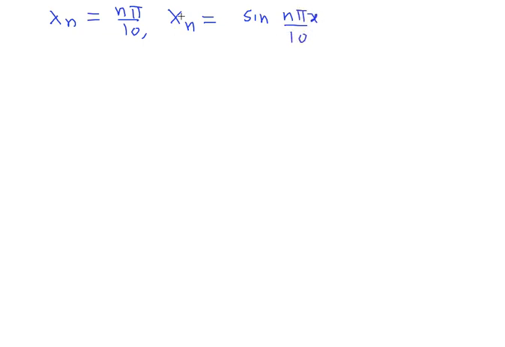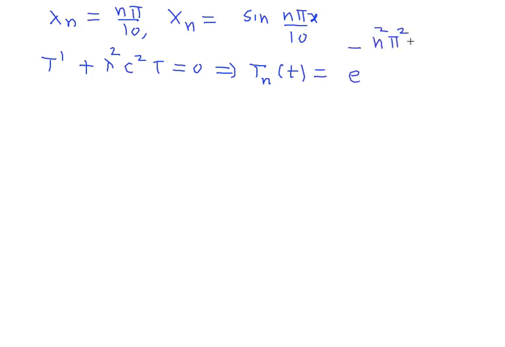For T prime plus lambda squared c squared T equal to 0, the solution for T is T_n(t) equal to e to the power negative n squared pi squared c squared over 100 times t.